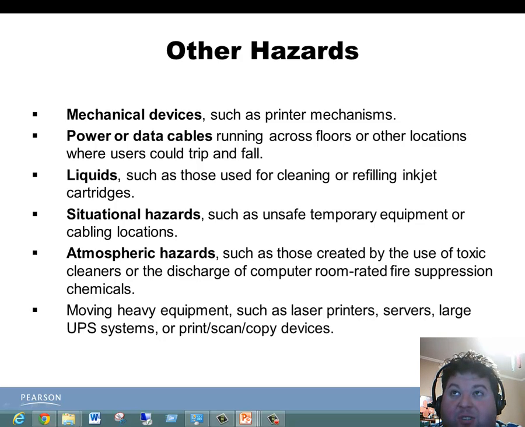Look for situational hazards like unsafe temporary equipment. Also look for atmospheric hazards, such as those created by a room of cleaners, or if you are dealing with a big server room, something you've really got to worry about, it may be an old halon system. Halon is a type of fire suppressant system, and you are not allowed to build these anymore, but if you have one, until you discharge it, you can keep it.